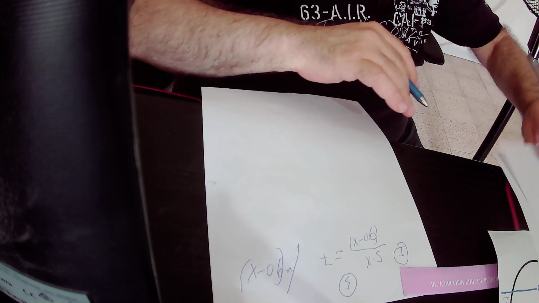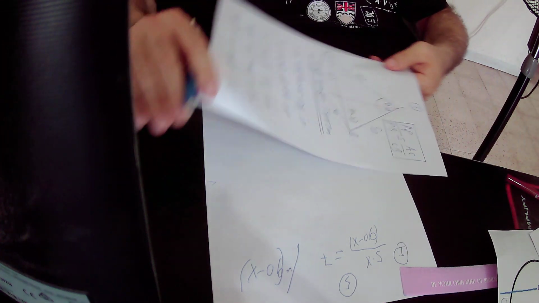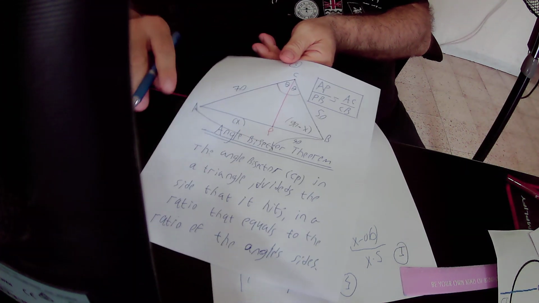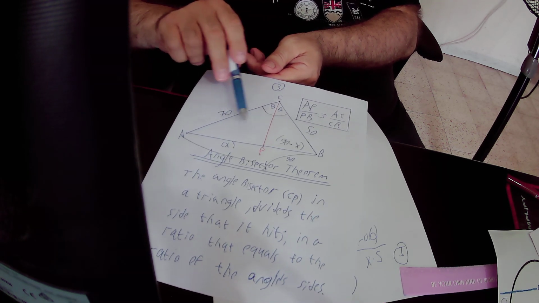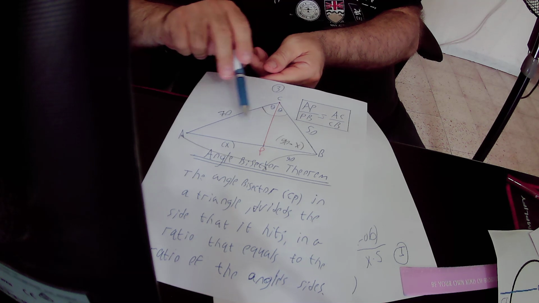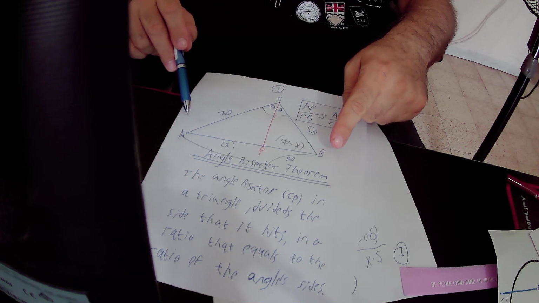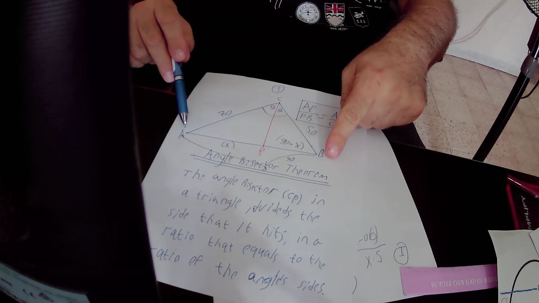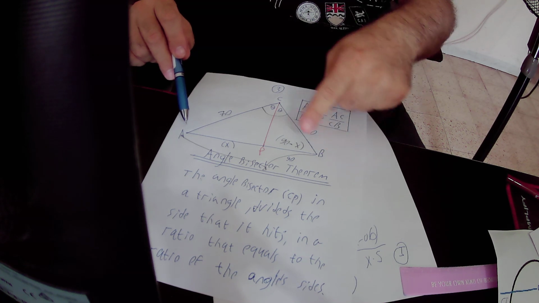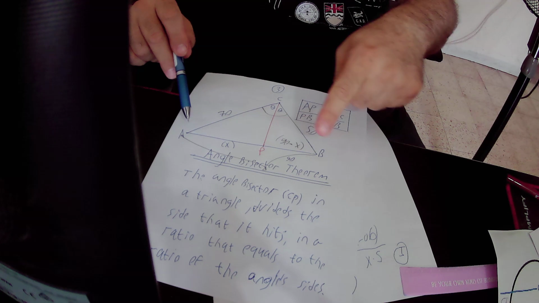We can do this because x equals AP and AB equals 90, so x is less than 90.